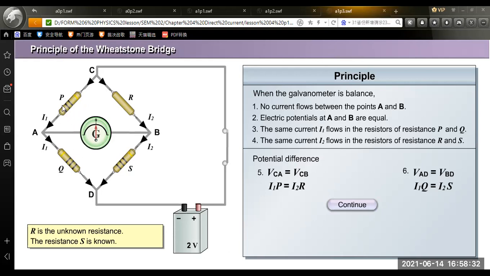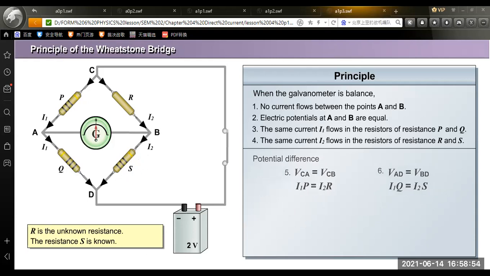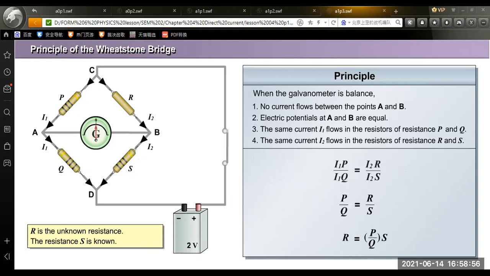where I1 times P equals I2 times R. And this is the first equation. I1 times Q, the resistance of Q, is equal to I2 times S. So once we solve it, I1P over I1Q will be equal to I2R over I2S.